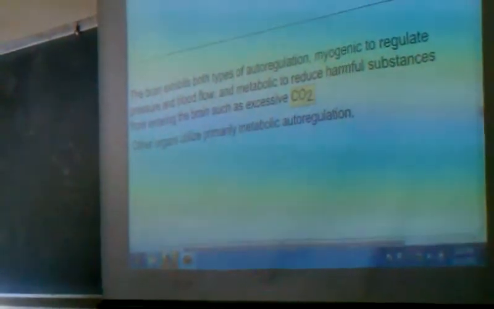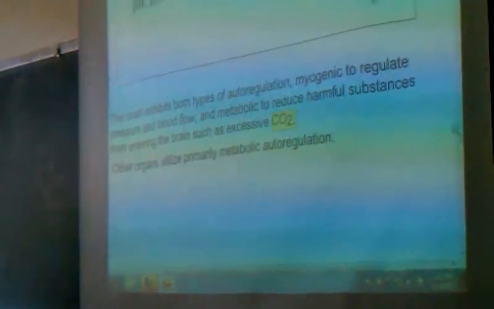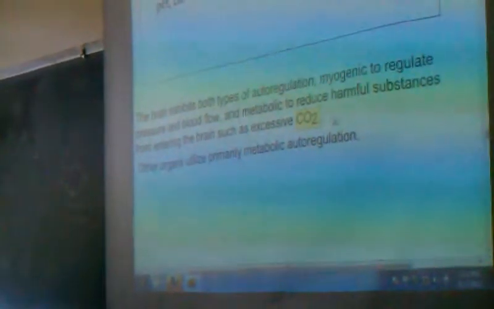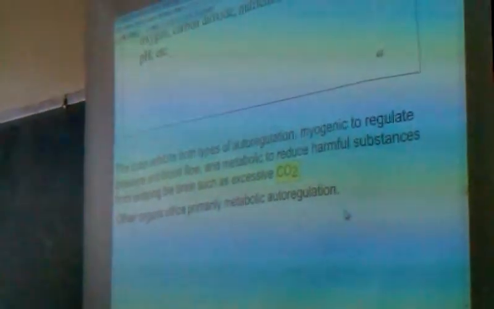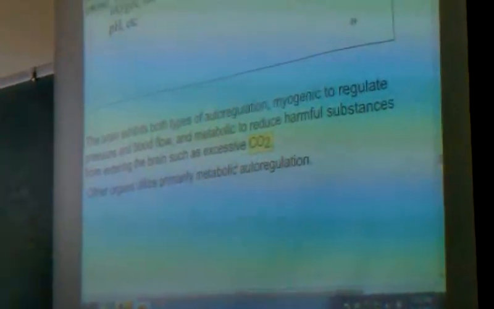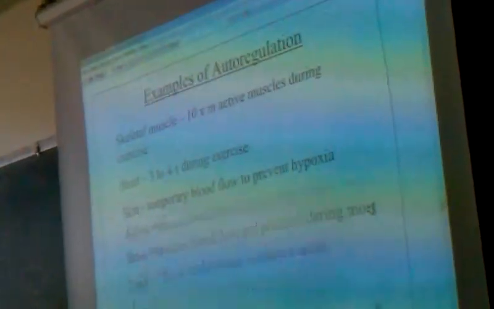When there is a change in substances in the blood, like carbon dioxide or lactic acid, we call that a metabolic regulation. So we have a metabolic buildup; these are the results of metabolism of glucose.